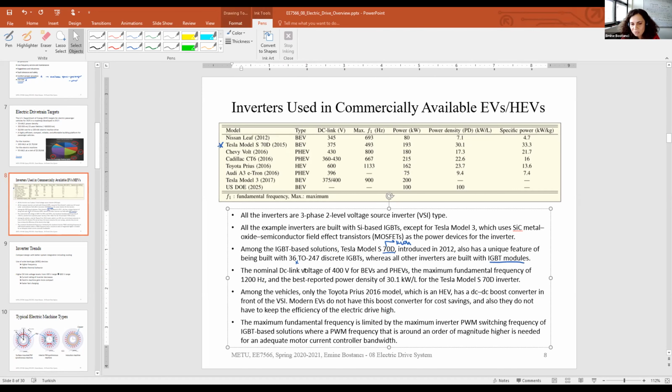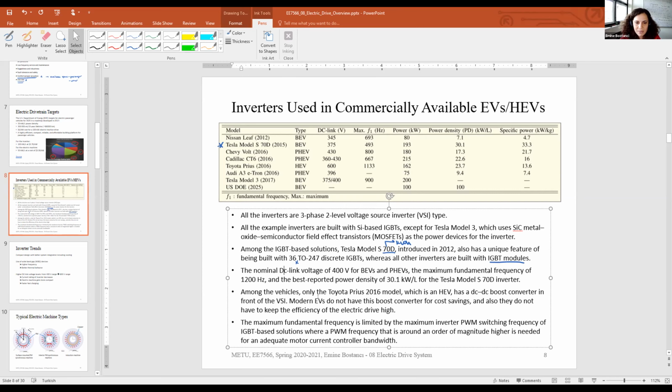So to increase the current capability of the inverter, instead of one big IGBT module, they put many small IGBTs in parallel. It sounds easy to put all these things in parallel, but it is very dangerous, because if you cannot turn them on at the same time and off at the same time, they can have a very unbalanced current and they may fail. So it is not very easy.